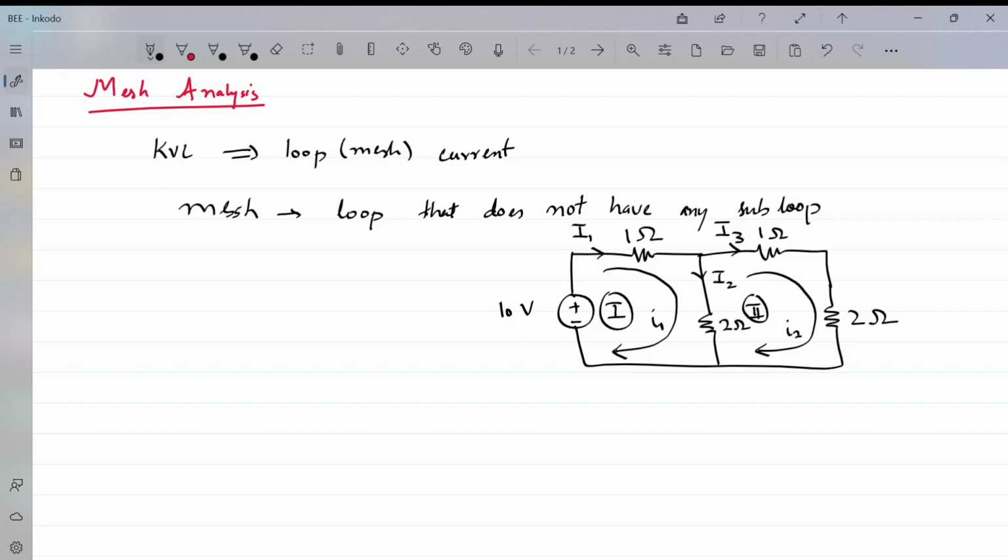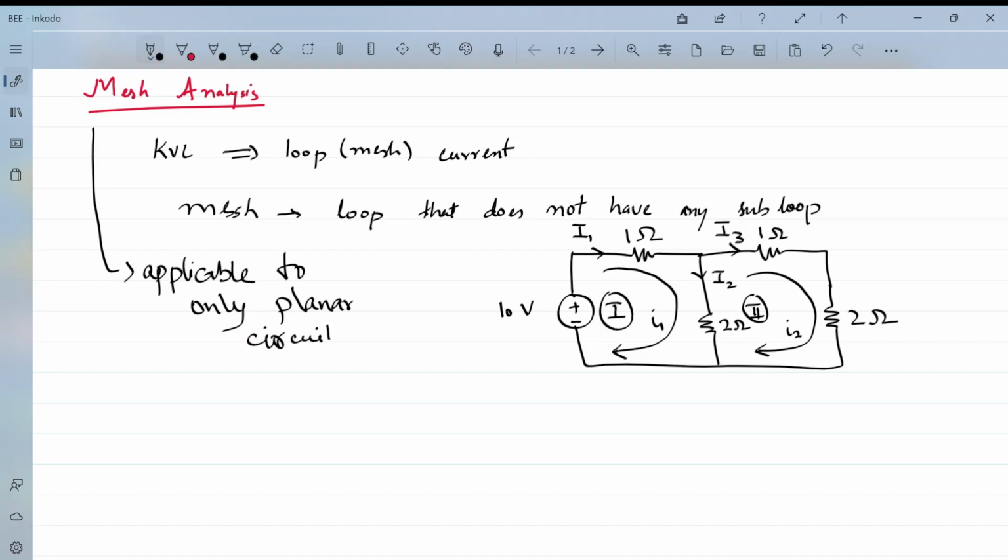Before solving this particular circuit, I also want to say about mesh analysis that it is applicable to only planar circuits. It is not applicable to non-planar circuits.